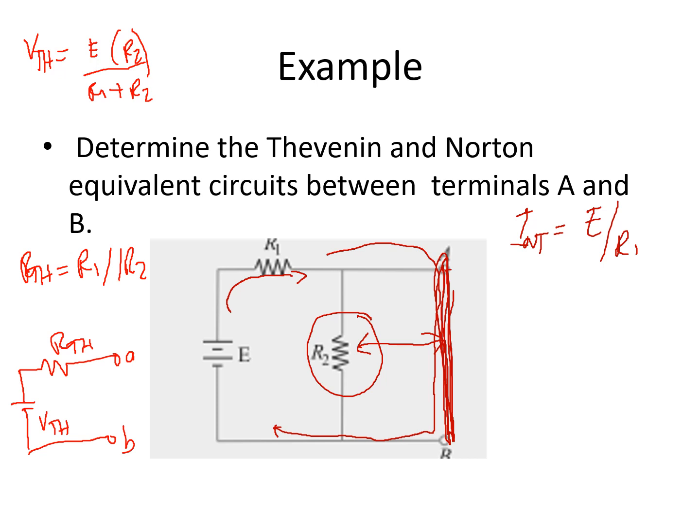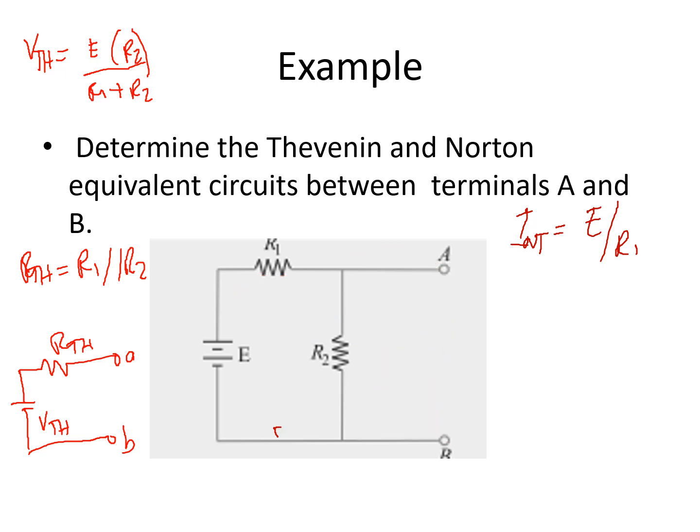Now, R_NT, or the Norton's resistance, is the same. We remove the short again, open the terminals, and short the source. As you can see, our R_NT is also R1 parallel R2.